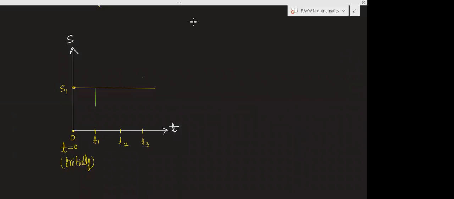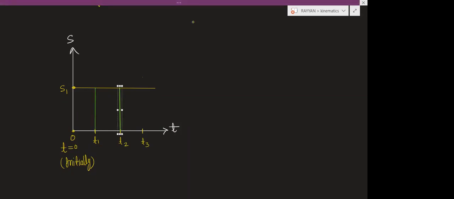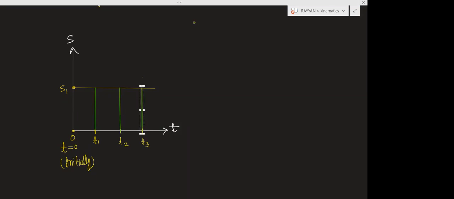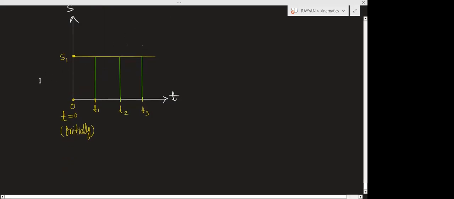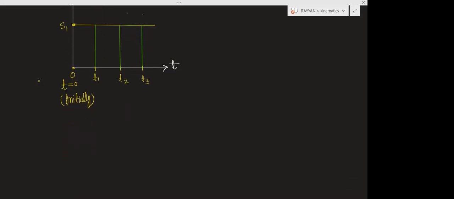For time T1, the displacement is the same. For time T2, the displacement is the same. For time T3, again the displacement is the same. So displacement is not changing with time. So what does it mean? You can say the displacement is constant and does not change with time.